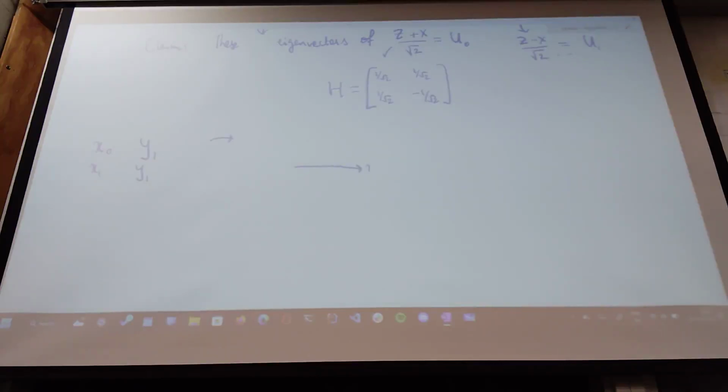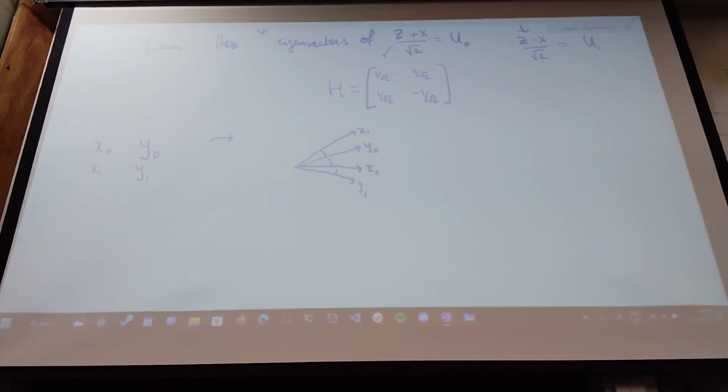So this is the case for x0. This is the case for y0. This is the case for x1. And this is the case for y1. And these are all angles of pi by 8.